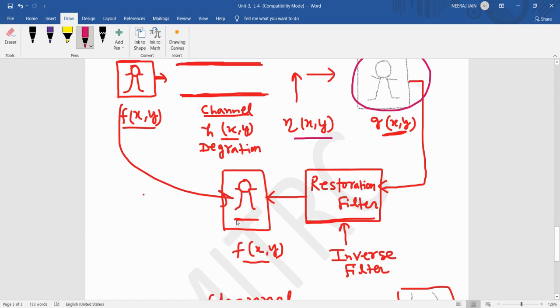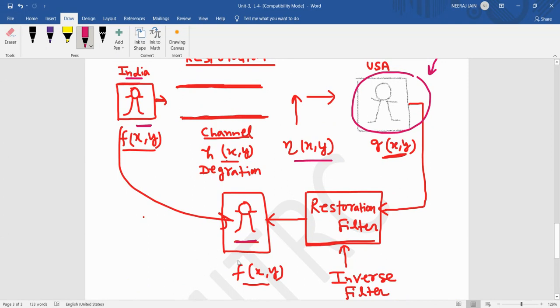Although this receiving end image, after applying some restoration technique, is not exactly equal to the original image, it can be a little bit different. Achieving exactly that image is not possible, so it is many times denoted by f cap (x,y). We denote it by f cap (x,y) because this image can differ a little bit from the image at the transmitting end.